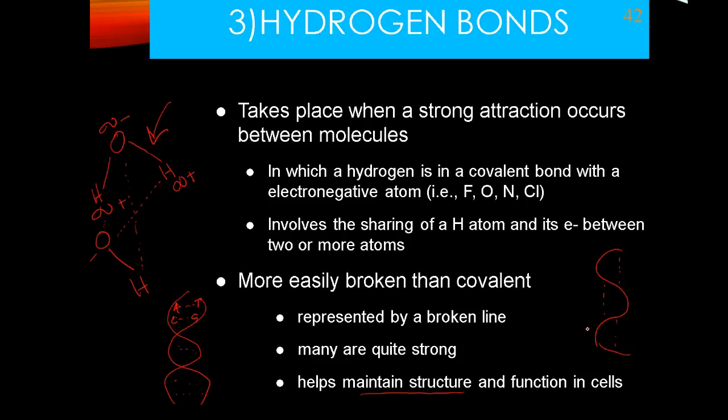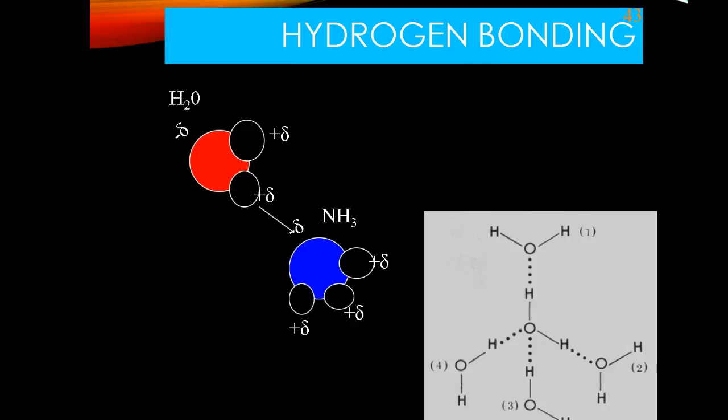Okay, so let's move forward and show you some examples. Here's water, and then here's ammonia. Here's the nitrogen, and this is the oxygen, because it's red. Here are the hydrogens.